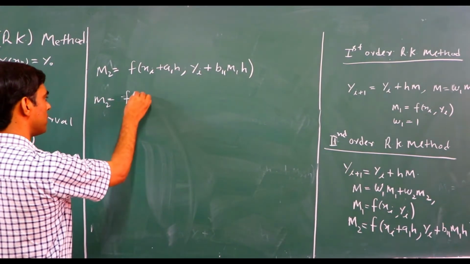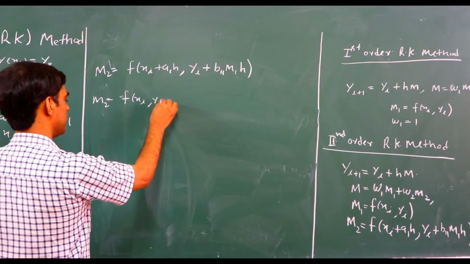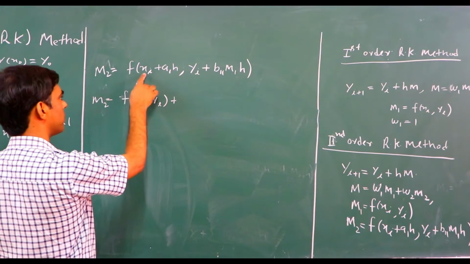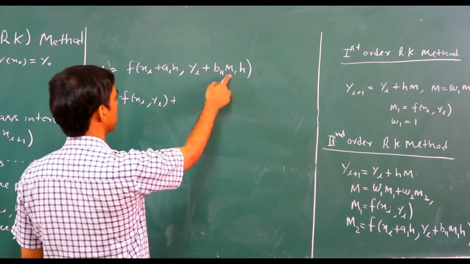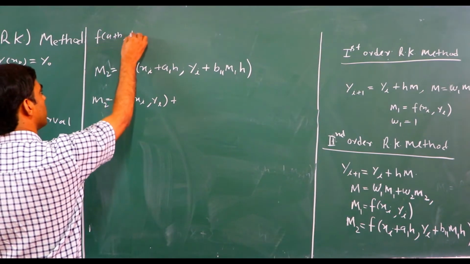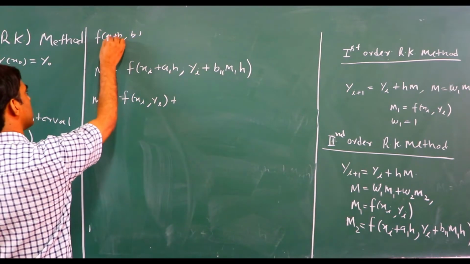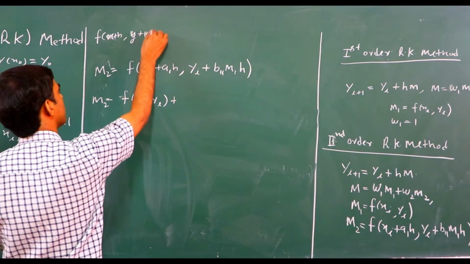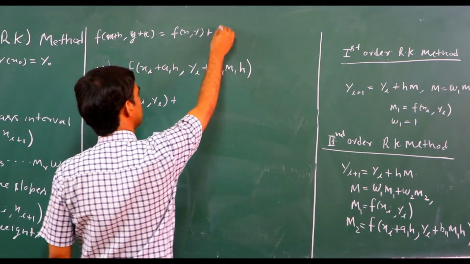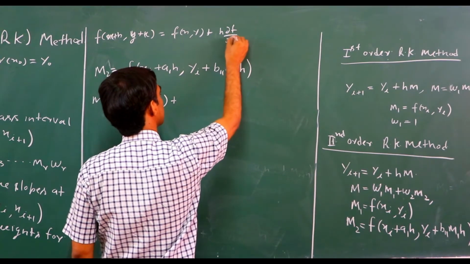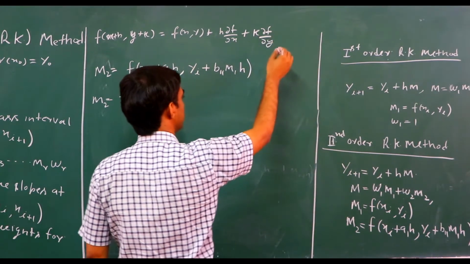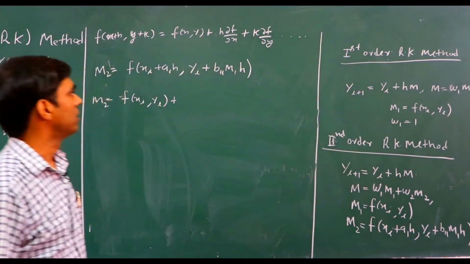Basically this is f of x plus h, y plus k. The Taylor series expansion for two variables: f of x plus h, y plus k equals f of x, y plus h del f upon del x plus k del f upon del y, and we ignore all other terms.